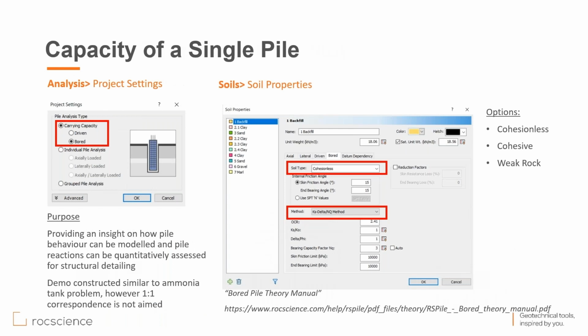In order to start our problem, we begin with determining the capacity of a single pile. Back then, in the earlier versions, RSPile did not have these options, but they are now included, and we have made several attempts, as also provided in the original verification documents, showing they work perfectly well to estimate the old-style spreadsheet solutions for determining the ultimate carrying capacity of driven or bored piles.